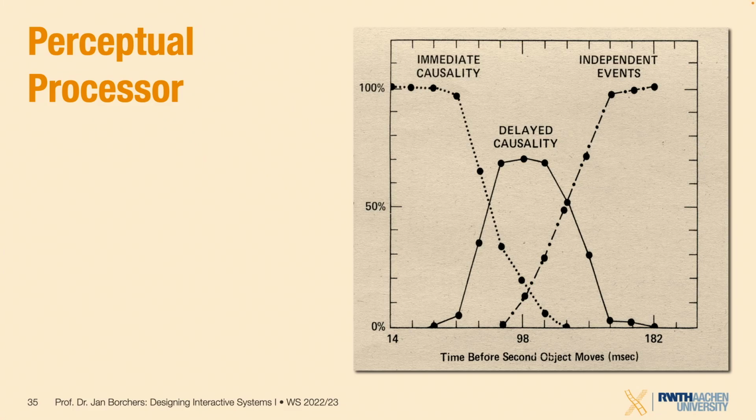So why is this important? Because if we know that our perception time is around 100 milliseconds, then this explains a lot. For example, it explains why movies are running at the frame rates that they have. Movies are typically played at least 24 frames a second.